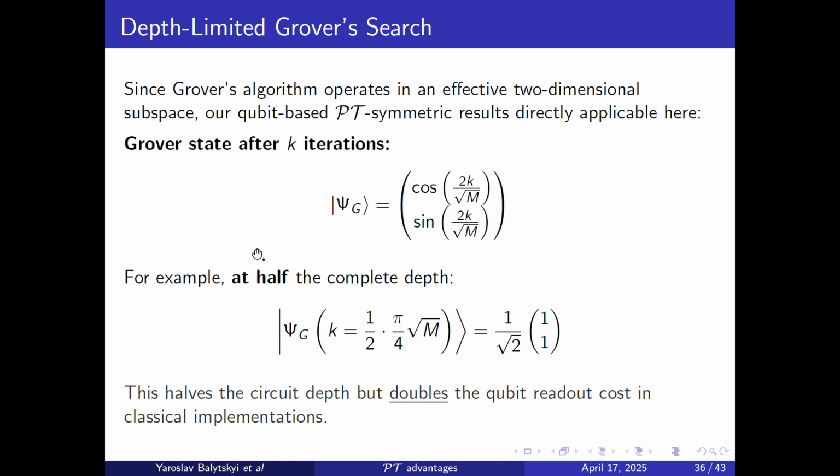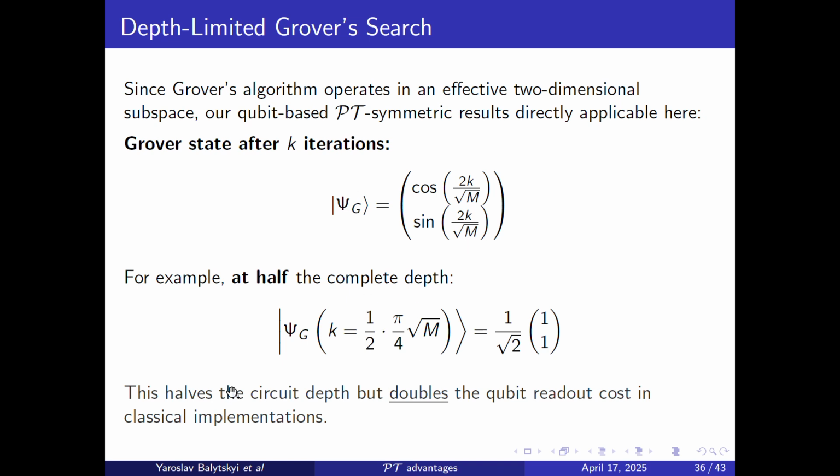And for example, in practice sometimes it's advantageous to not complete the whole cycle of Grover search. For example, you can stop right in the middle. If you stop right in the middle of the complete Grover cycle, then the probability of success is exactly 50%.